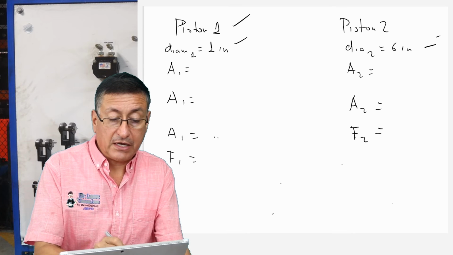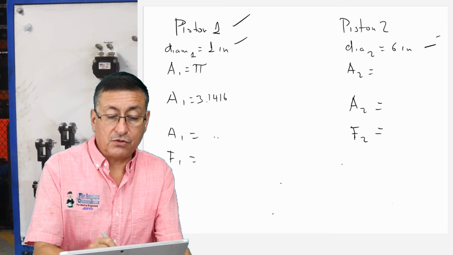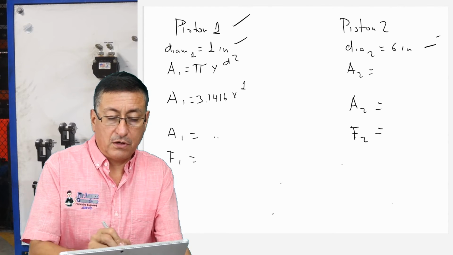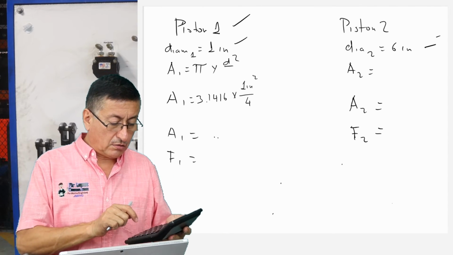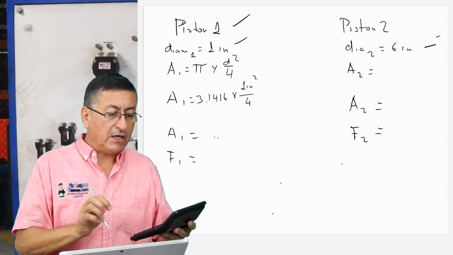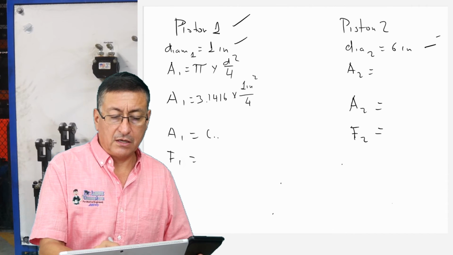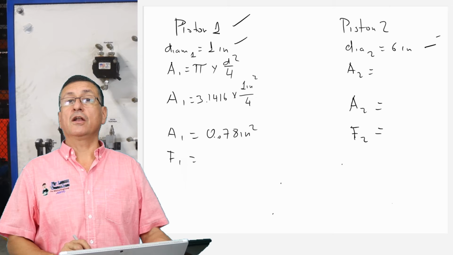In this particular case, pi is 3.1416 times the diameter squared, which is 1, divided by 4. And yes, we are going to calculate quickly. 3.1416 divided by 4 is 0.78 square inches. This is the area number 1.